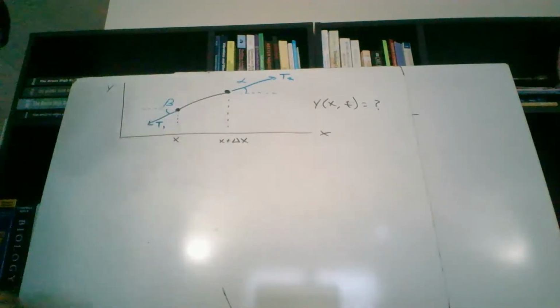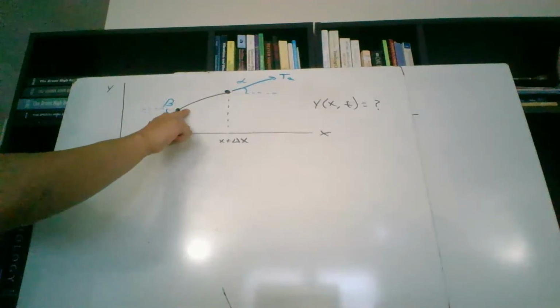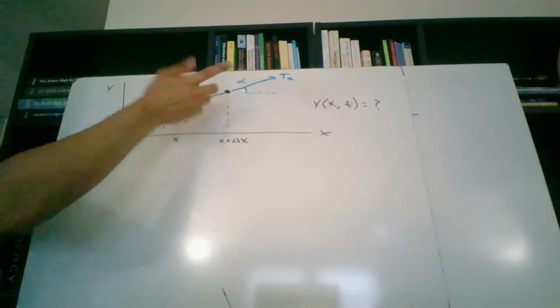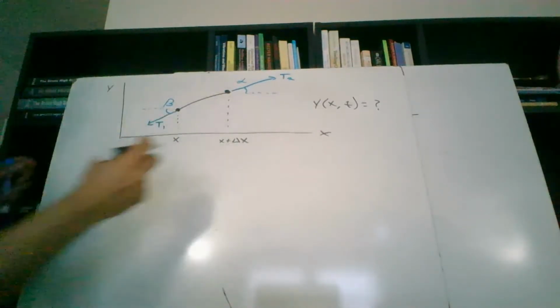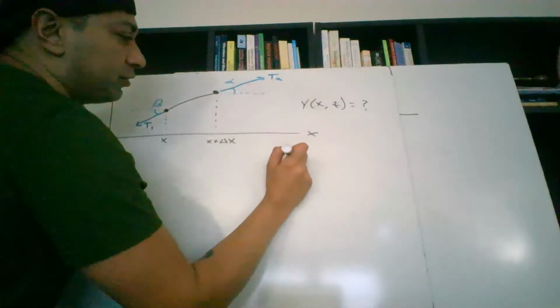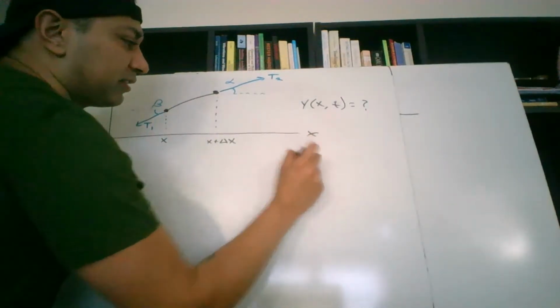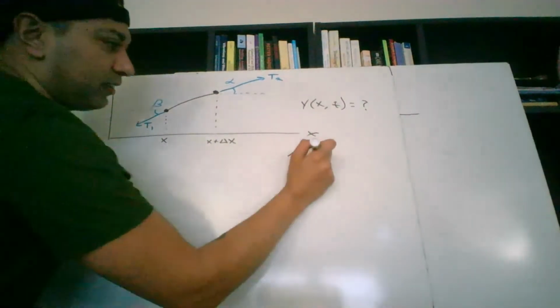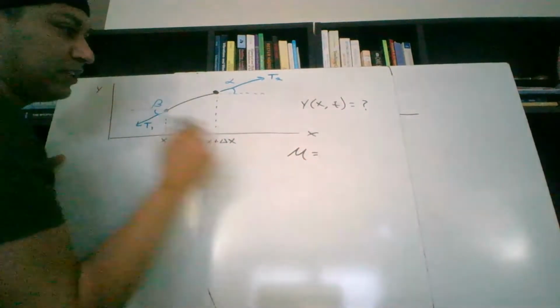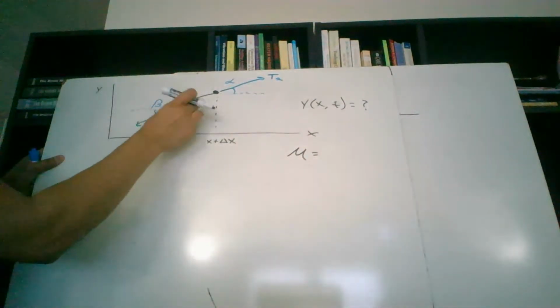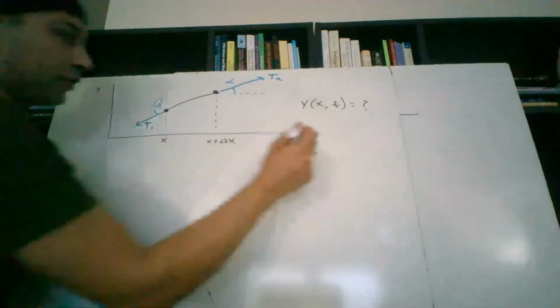Well, this is a string here. A string has linear mass density to it. So that means the density of the string here and here is going to be identical. And you get mu, which is what we call the linear mass density, is equal to the change in mass over the length.